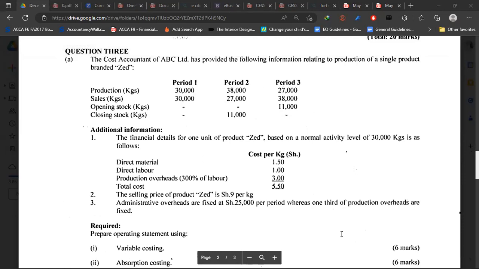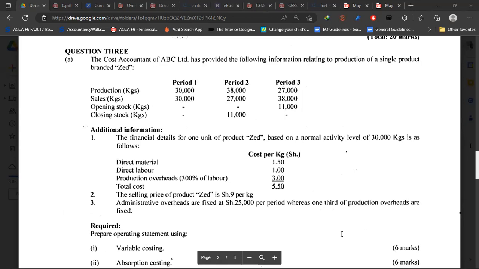The cost accountant of ABC Limited has provided the following information relating to production of a single product, branded Z. There is period 1, period 2, and period 3.